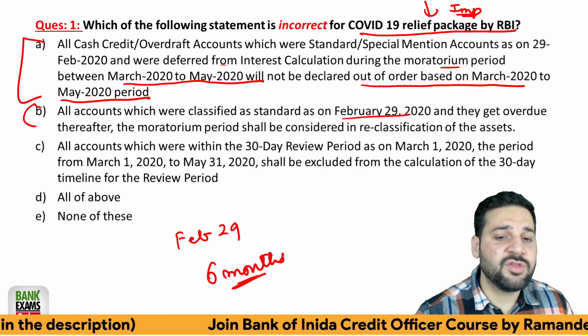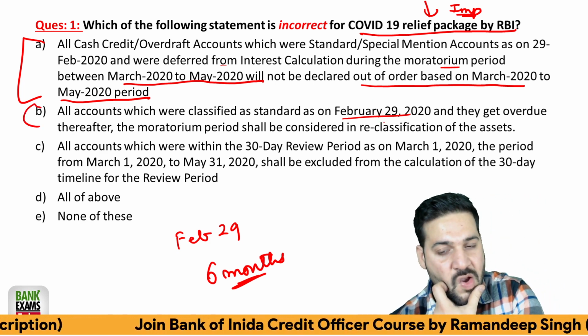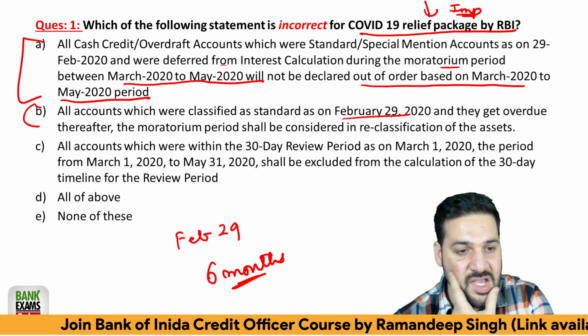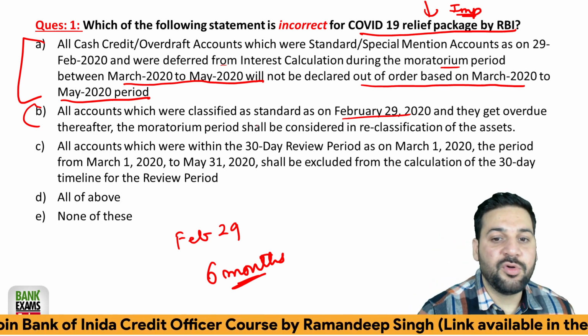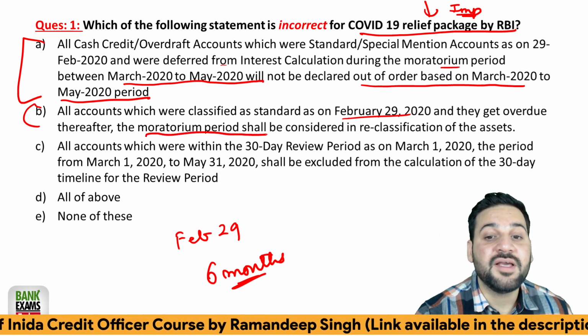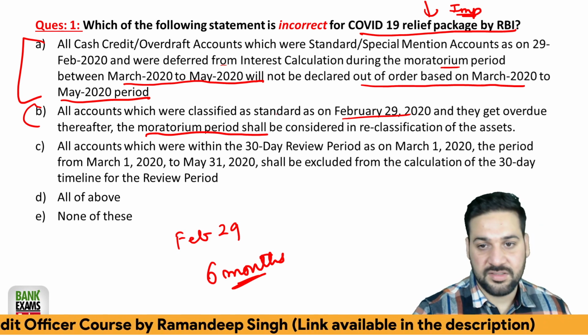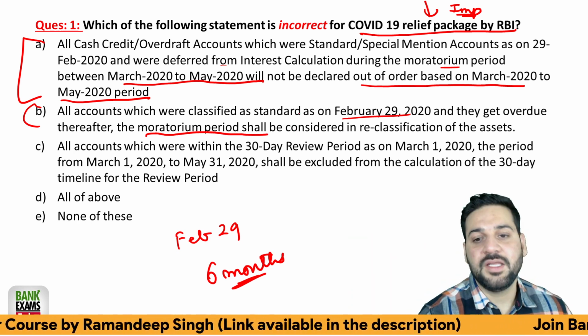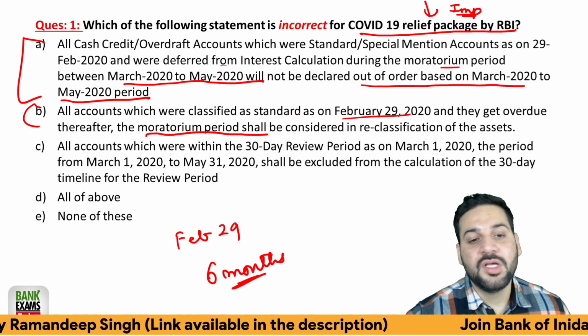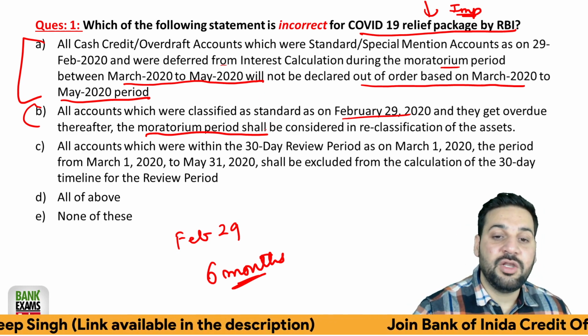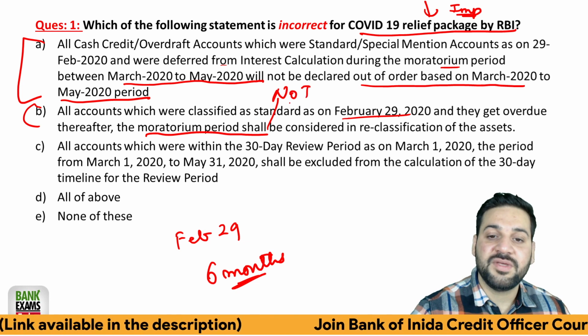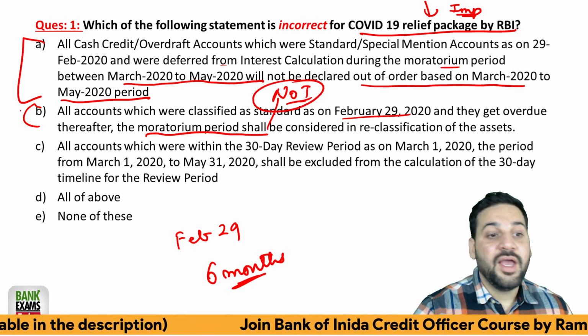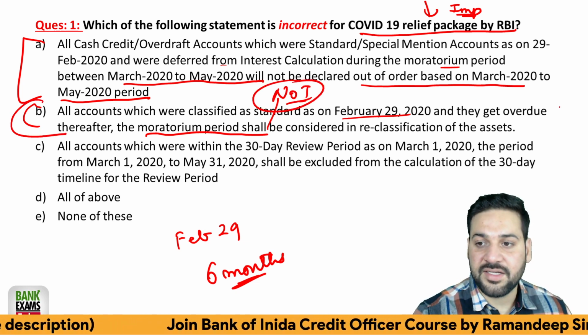All the accounts which were classified as standard assets on 29th of February and got overdue thereafter, the moratorium period shall not be considered in reclassification of the asset. The period after that, March, April, May, June, won't be covered, right? Shall not be considered. So this one is incorrect, so B is incorrect.